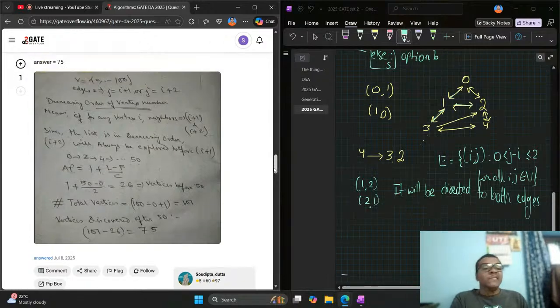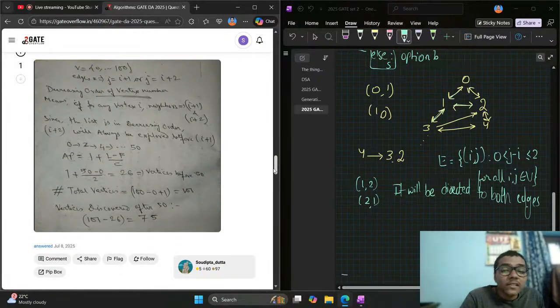Okay. j is equal to i plus 1 or j is equal to i plus 2. Decreasing order of vertex number means for any vertex, i plus 1, i plus 2, since the list is in decreasing order, i plus 2 will always be explored before i plus 1. Got it.